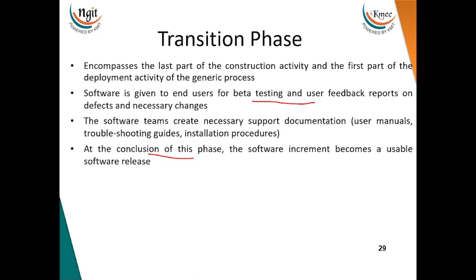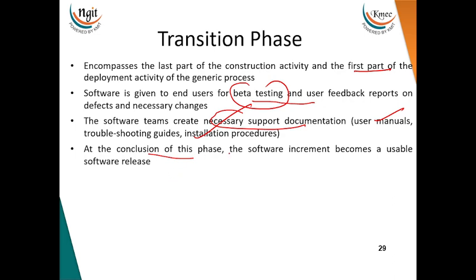The transition phase is nothing but the combination of both. It emphasizes the last part of the construction activity and the first part of the deployment activity, where the software is given to the end user. Beta testing is done. Based on the feedback reports, necessary changes are made if needed. The software team creates the necessary supporting documents, user manuals, and installation procedures.